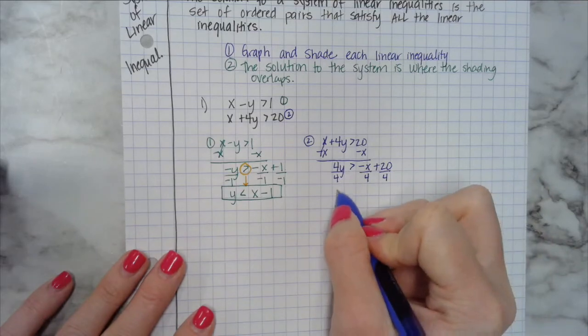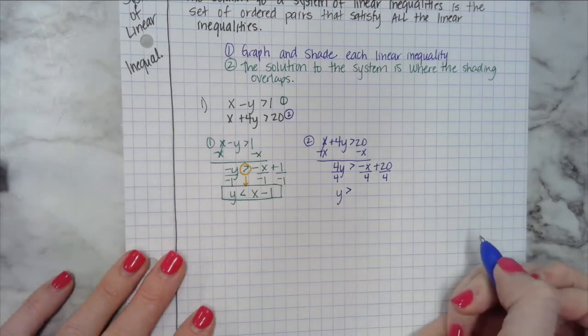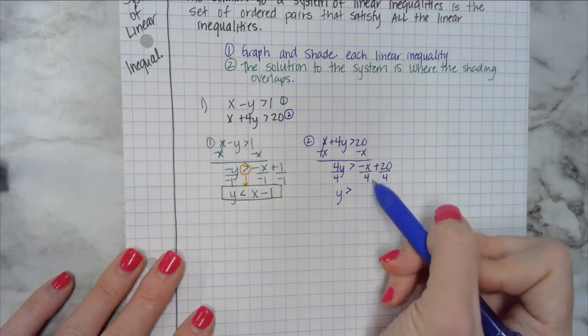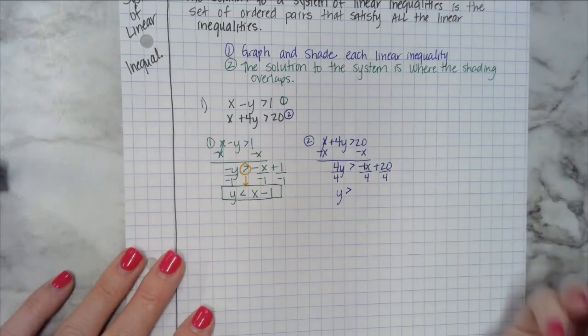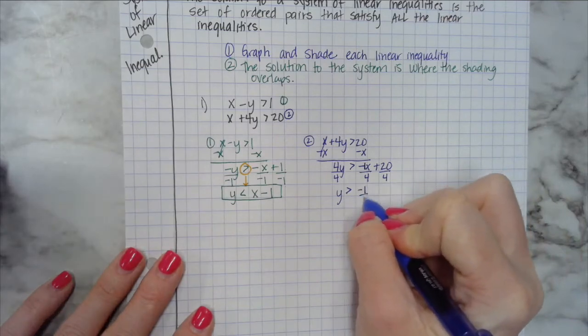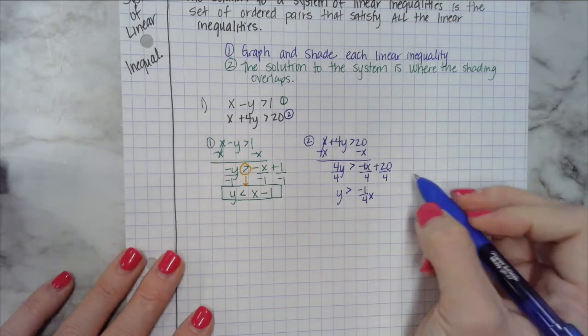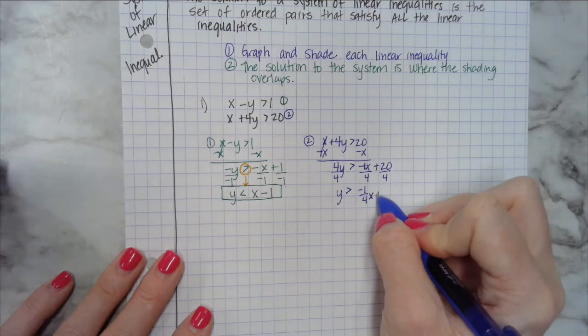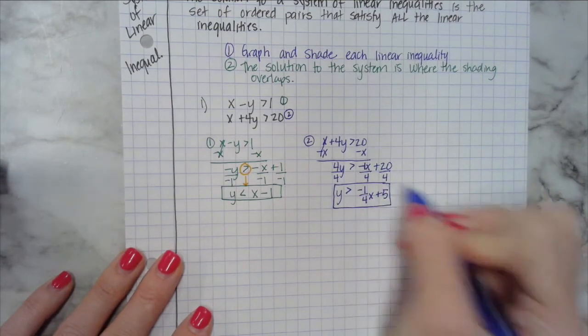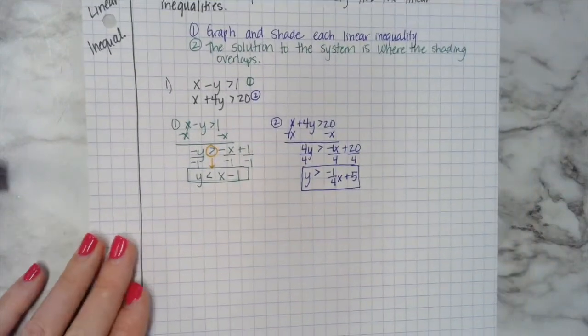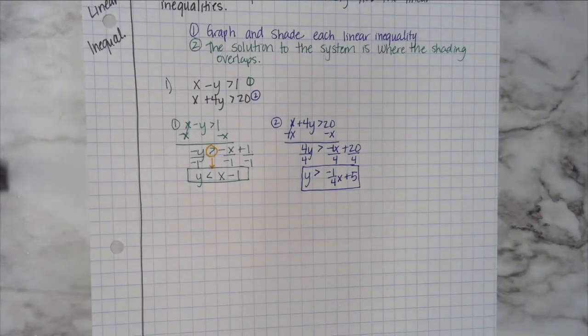And so y is now isolated. y is greater than negative x divided by 4. Well, we could put a 1 in front here, right? And so that's the same as negative 1/4 x. So that's our slope. And then 20 divided by 4 is 5. All right, so we've got inequality 1 and inequality 2. We are ready to graph these on the same coordinate plane.